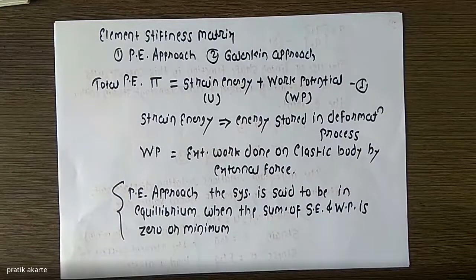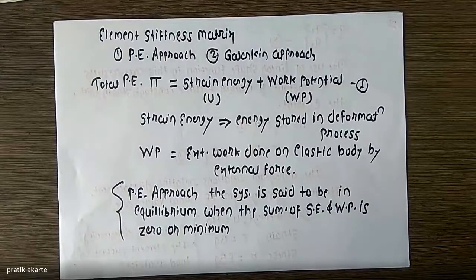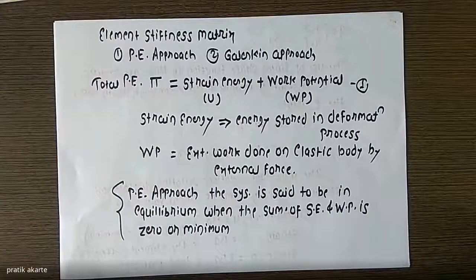These are the three approaches we have. But to understand the concept of formulation of the element stiffness matrix, it is sufficient to understand any one approach. So we started with the potential energy approach.